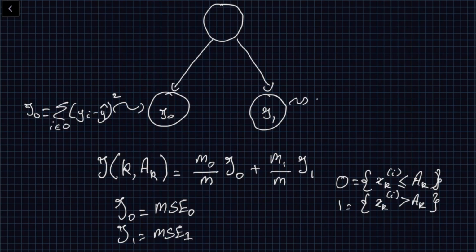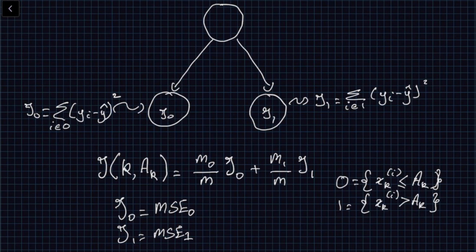And likewise, J1 for i that fall in class 1, same way, (y_i minus y hat) squared. Now, a question here is that, okay, I have my y_i's, and after this CART algorithm runs, I could find my a_k so that I separate both classes 0 and 1. But how do I compute my y hat?